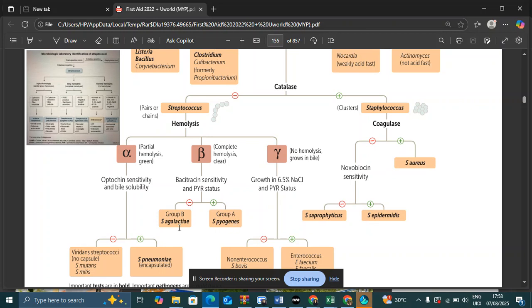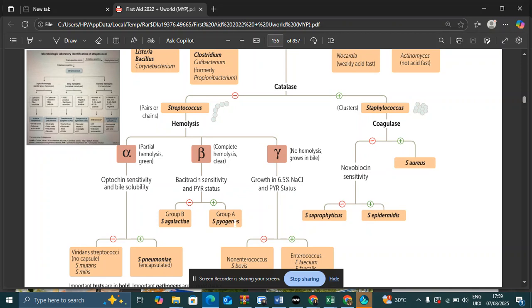It is the most common cause of rheumatic fever, and it causes rheumatic fever usually 2 to 4 weeks after pharyngitis. Now we will talk about group A beta hemolytic bacteria, Streptococcus pyogenes, before we jump into rheumatic fever, which is our today's topic.